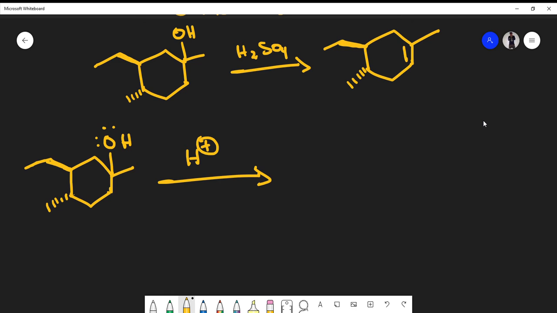So any sort of acid, whether it's hydrochloric acid, hydrobromic acid, sulfuric acid, phosphoric acid, any acid, we could essentially simplify it to H plus in solution. Now the first thing that occurs is that a lone pair on the oxygen comes and takes off the hydrogen. So essentially what we've now formed is actually a water molecule.